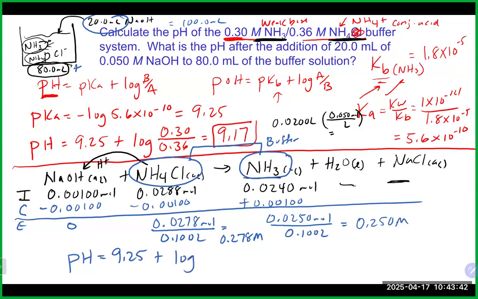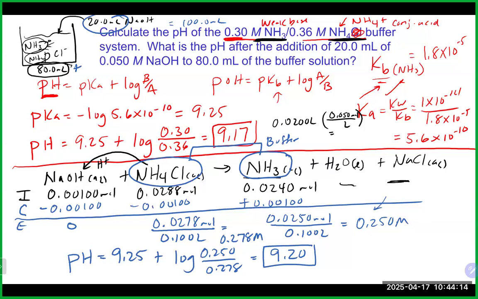Once again, we do want to make sure we get our base on top, which I think should be that guy, 0.25 divided by 0.278, which is our acid. And we're going to end up with a pH of 9.20 in this case.